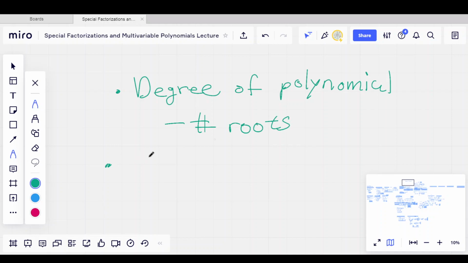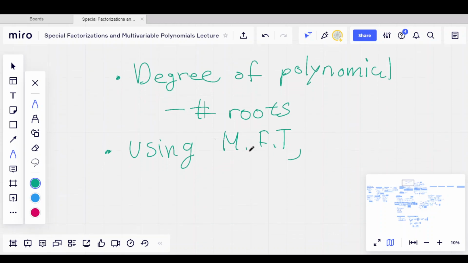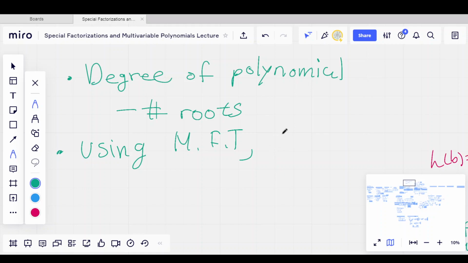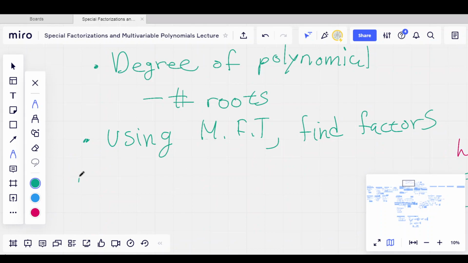And then using the multivariable factor theorem, you would have to find the roots. Or actually, sorry, factors. Find the factors. And then after that, find the coefficient.